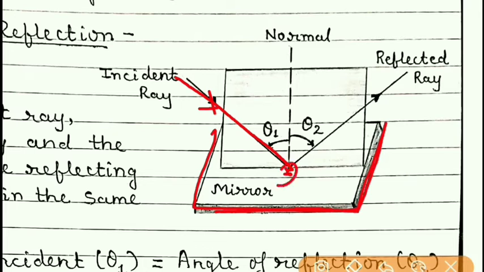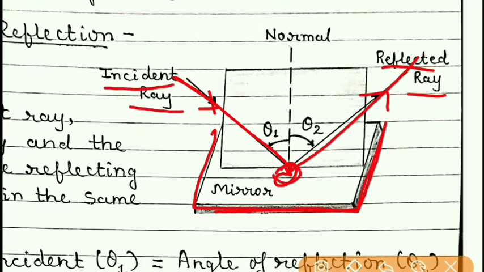At this point this ray is incident and then it gets reflected in this direction. So this is the reflected ray and this is the incident ray.